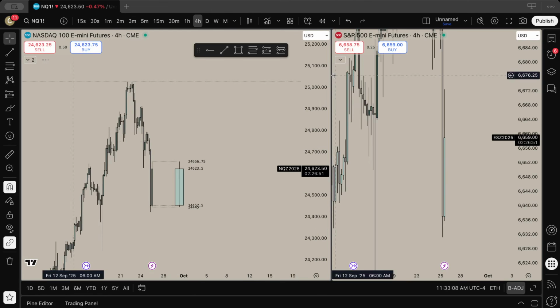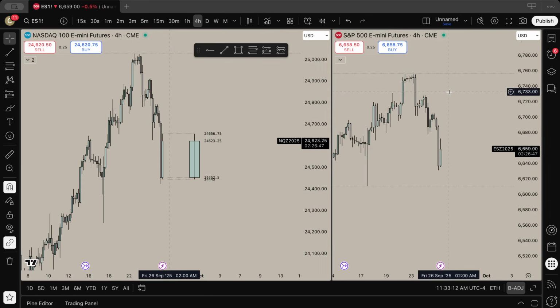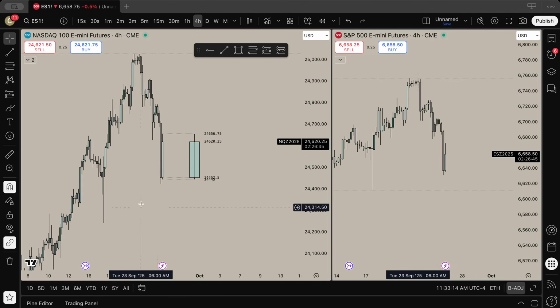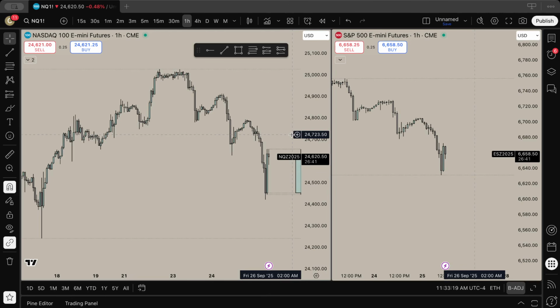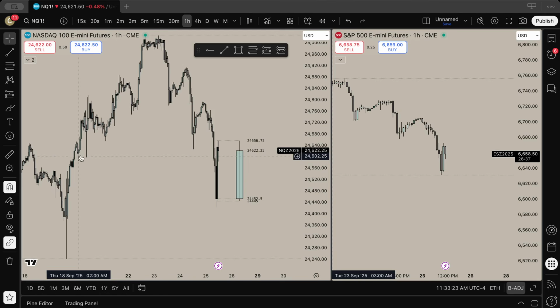So typically my draw on liquidity is session highs and lows or data highs and lows, but sometimes, in a situation like yesterday, my draw on liquidity was all of these lows, right? And if you look at my TikTok or my Instagram or my Twitter, you'll see that I posted a screenshot.